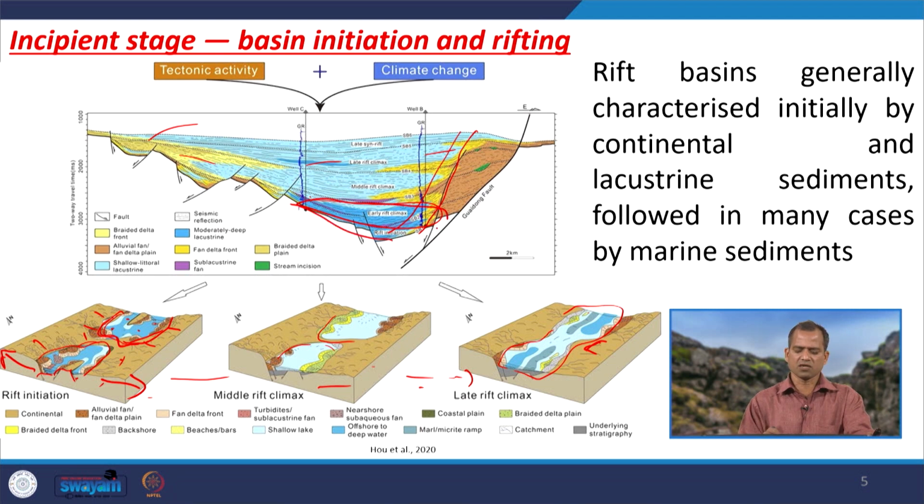Its composition is different, because in the lacustrine sediment mostly the sediments are derived from the upper crust. So, these are the upper crustal sediments, and with more stretching the lower crust is exposed. So, the mineralization and the sediment composition will be different.